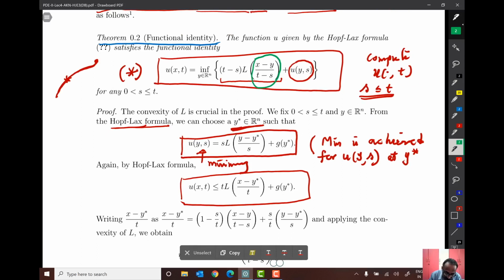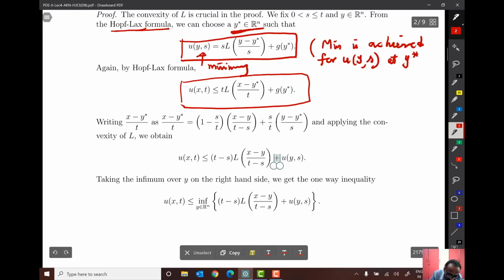You want to prove the one-way inequality first. So you have to get this term on the right hand side. I want this term to come into the picture. So I will write my x minus y star by t.